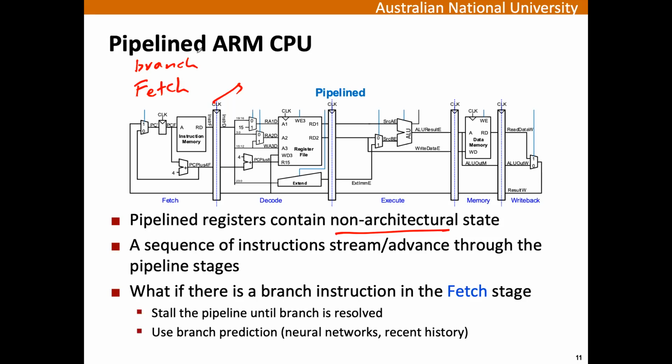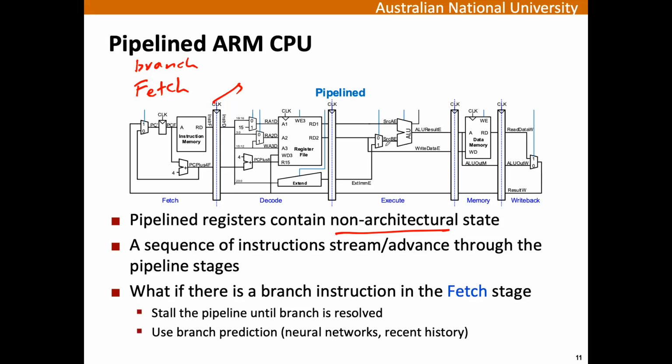Each cycle, I'm fetching the next instruction, and instructions are marching through this pipeline, just like cars in an assembly factory. But when there's a branch instruction, what is the problem? You don't know which next instruction you want to fetch from memory. It could be the next instruction, or it could be the instruction at the target.